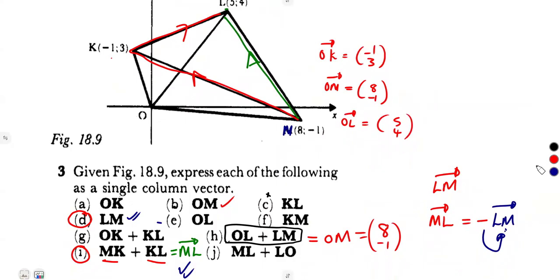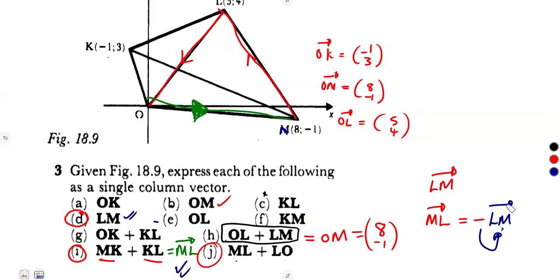All right. Another one, I'm just going to give you a tip here. The last one from what we are given, that's ML plus LO. From M to L, this is what we're given. Then L to O, going this direction. What are we formulating? Are we seeing that we started with M, ending with O? From M going to O, that is the vector that we are formulating. That's vector MO.